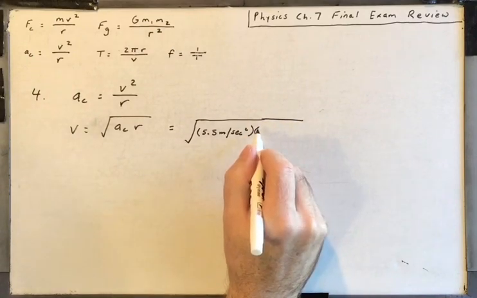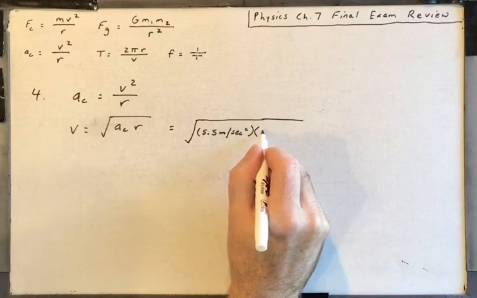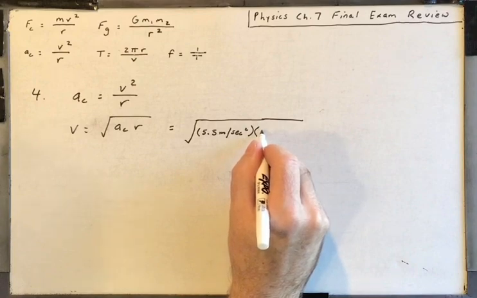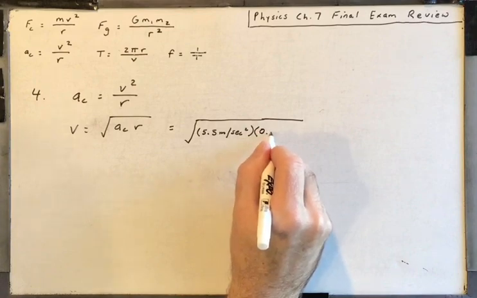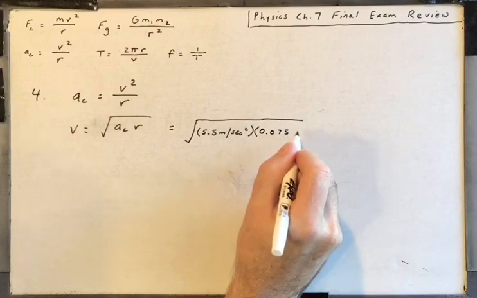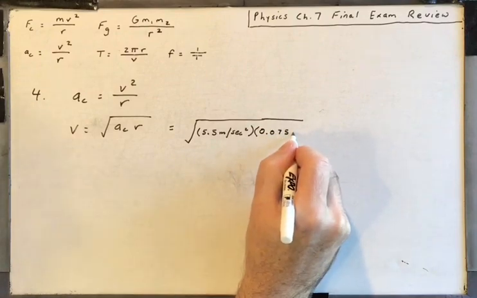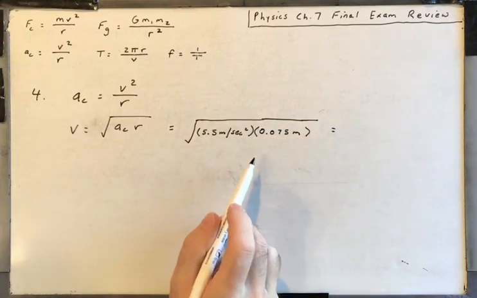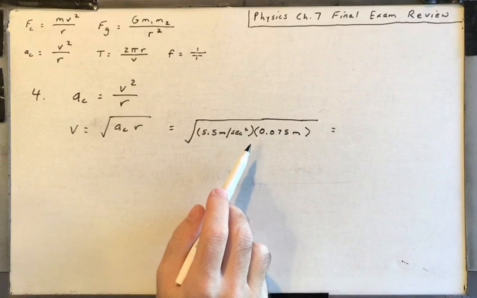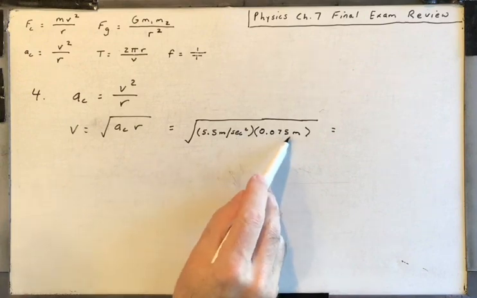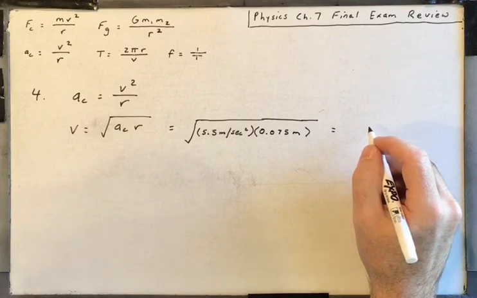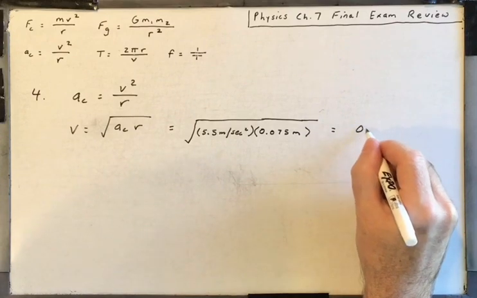Then the radius: the diameter is 15, so 7.5 centimeters for the radius. So divide that by 100 and you'd have 0.075 meters. I think one of the reasons I put this in here was just to make sure you didn't mess up and leave it in centimeters. And so that is 0.64 meters per second.